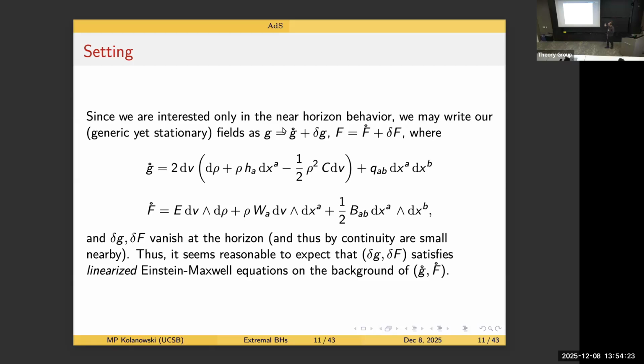So the idea is that we have perturbations that we think should be small close to the horizon. So we want to write our solution as near horizon values plus small perturbations, which are stationary.